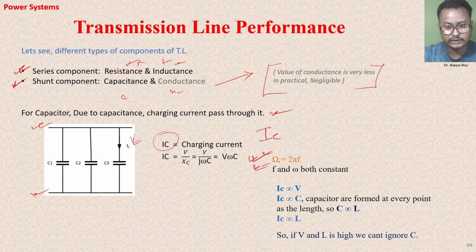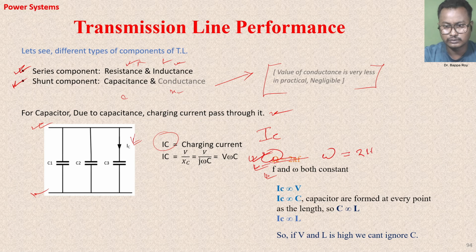Here we can write it down. Omega is equal to 2 pi f, sorry for the mistake.